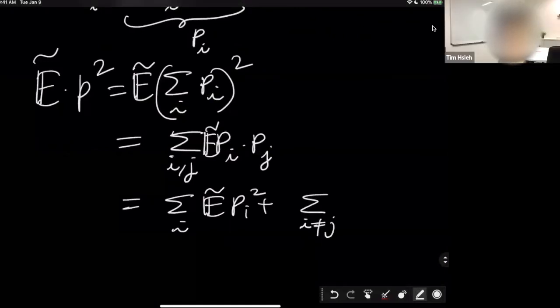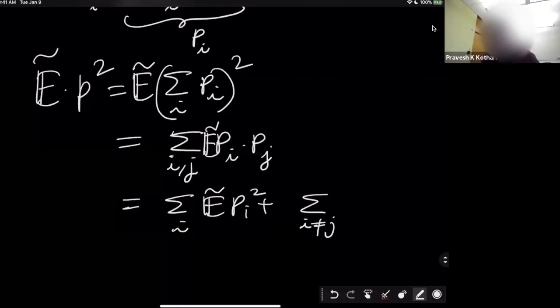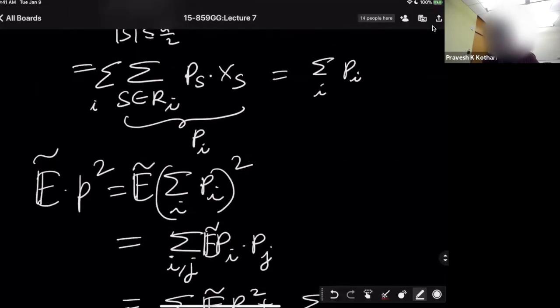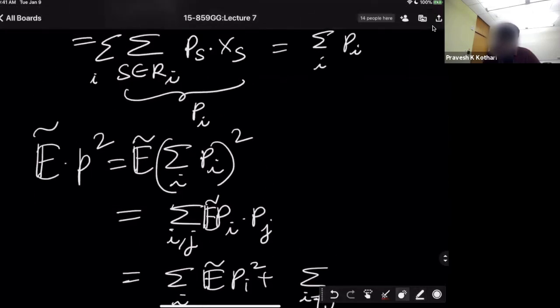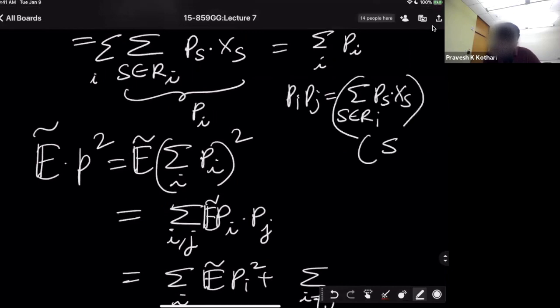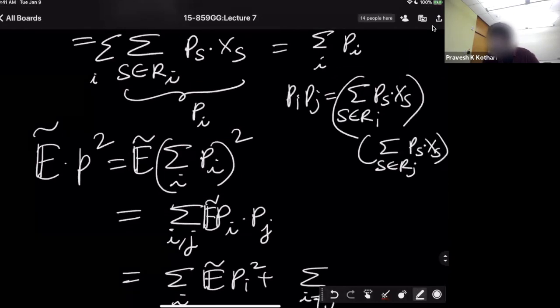Zero. Right, because I can write down p_i times p_j in this expansion. So what's p_i times p_j? It is the product of sums of monomials. And the point is that every product of monomials where one of them is in one equivalence class while the other is in the second, that product must get a zero expectation under my definition.